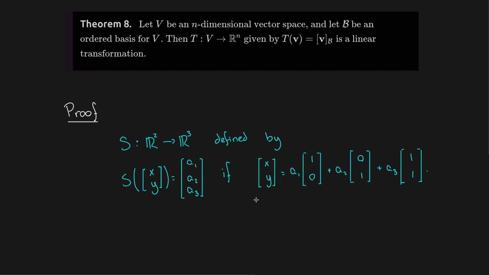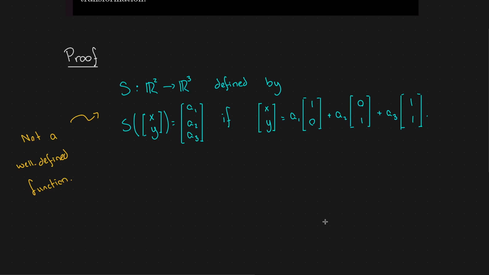Okay? Problem is, this is not a well-defined function. What do I mean? Let's take a look at an example so I can illustrate. Let's take a look at a very simple example, S of (1, 1).